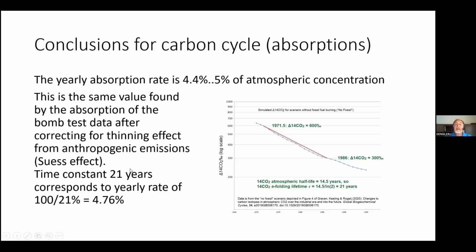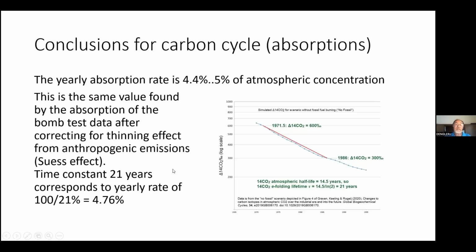Yeah, that also includes the thinning effects, you see, because we did have anthropogenic emissions also in that time. And these anthropogenic emissions don't contain any C14 because that's old carbon from oil and gas and so on, etc. There is no more C14 in that.